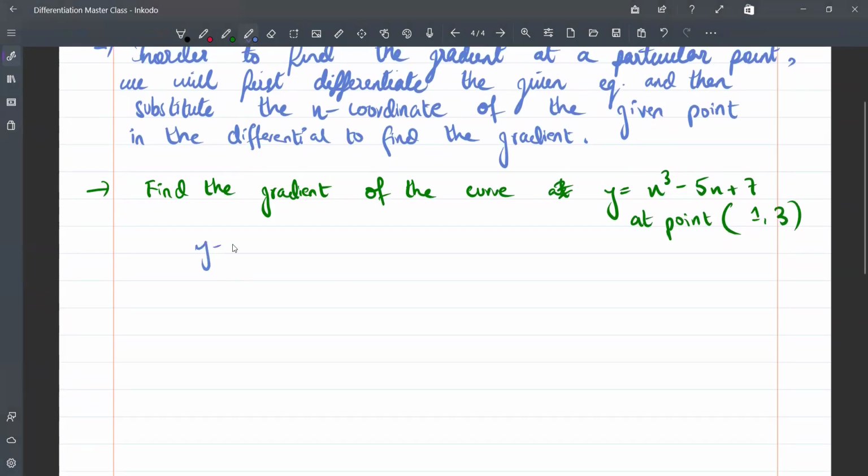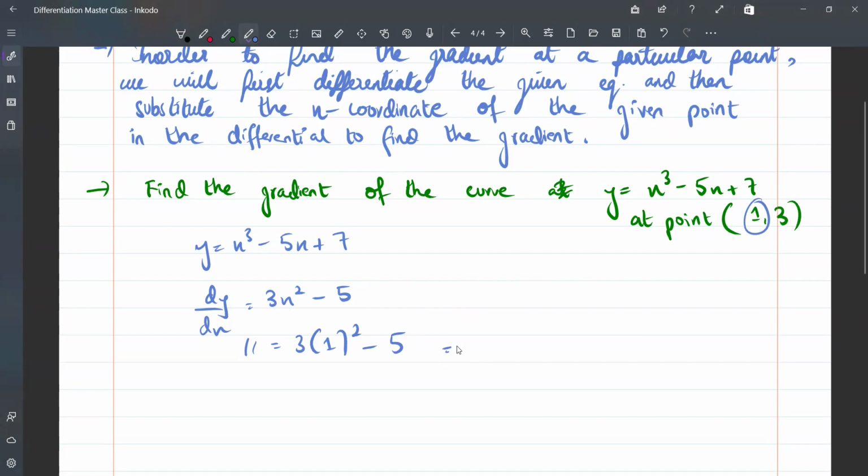Let's say y is equal to x cubed minus 5x plus 7. We will first differentiate the equation. dy over dx would be 3x squared minus 5. Now we will just simply insert this x coordinate into the differential, which would give us 3 times 1 squared minus 5, which is minus 2. So this is the gradient of the curve at point 1 comma 3.